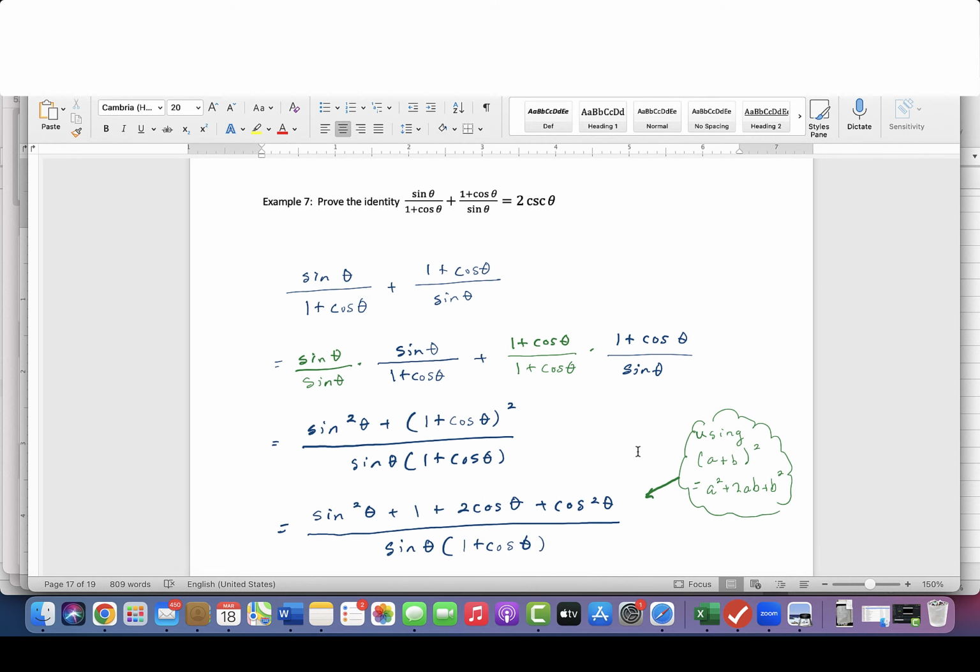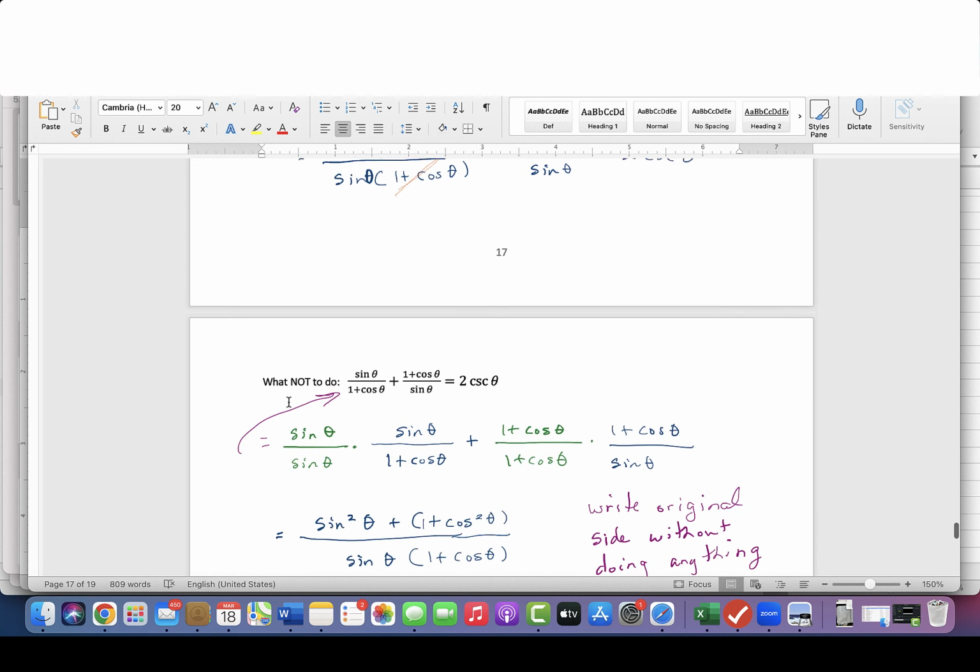The left-hand side is clearly the most complicated, so I started there. I wrote that side down, and then I put equals and started doing stuff to it. What I did in this case was I wanted to get a common denominator, so I multiplied both of the fractions by whatever the denominator needed.